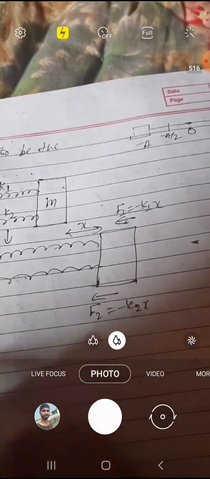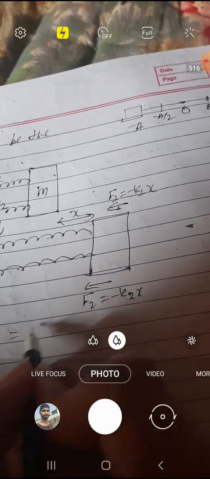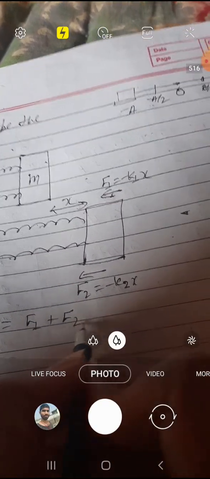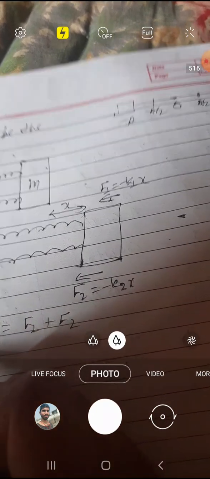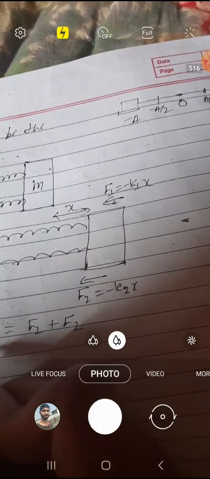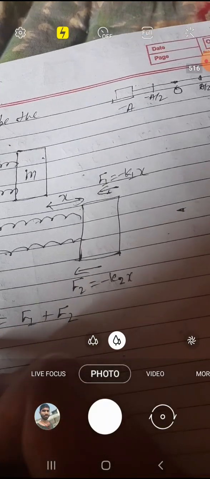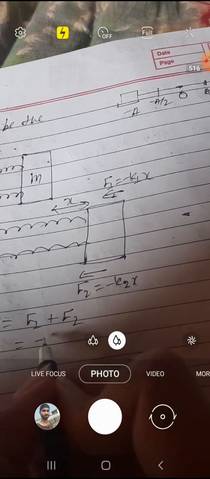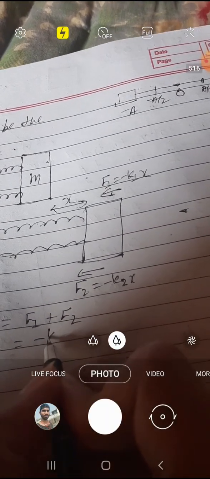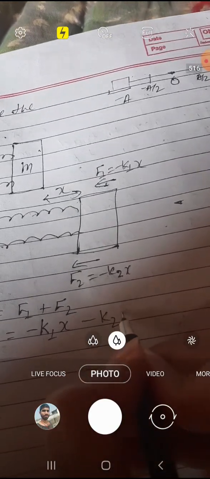So for the entire system, if the restoring force is F dash, that is equal to F1 plus F2. If the equivalent spring constant is K dash, then minus K dash into x should be equal to minus K1x minus K2x.